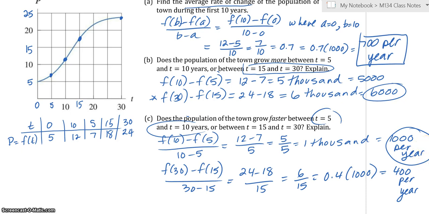So that means the rate between 5 and 10 years is an average of 1,000 per year, and the rate between 15 and 30 is only 400 per year. It did grow more, but there are so many years, 15 years compared to 5, that the average per year was less. And that concludes 1.4.